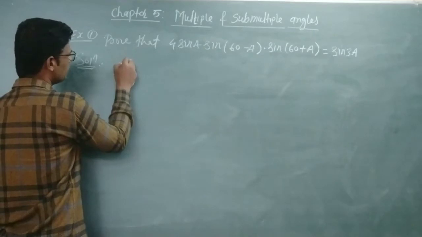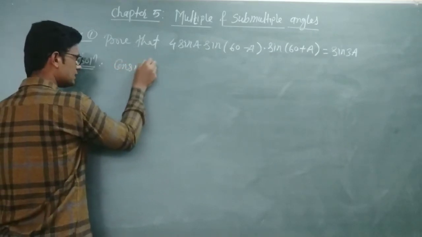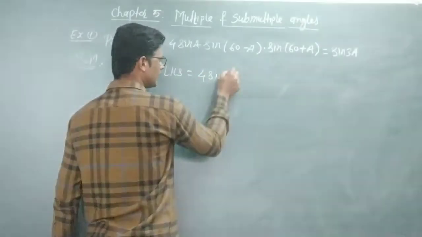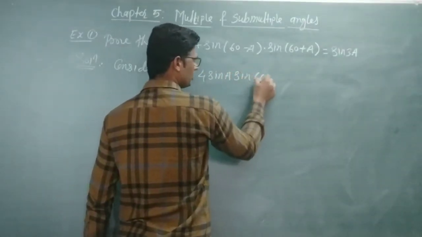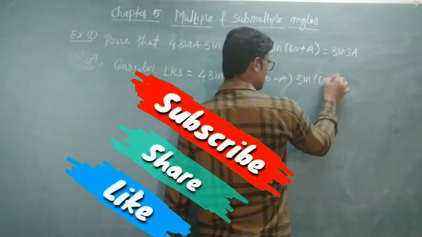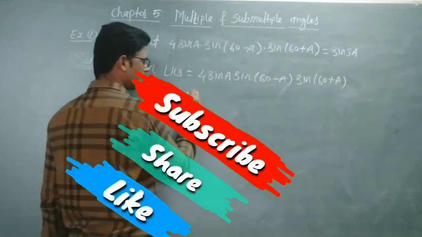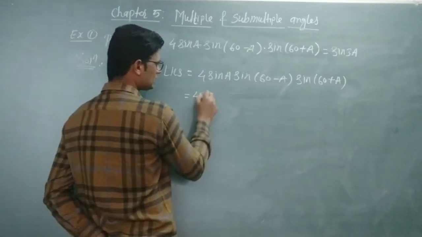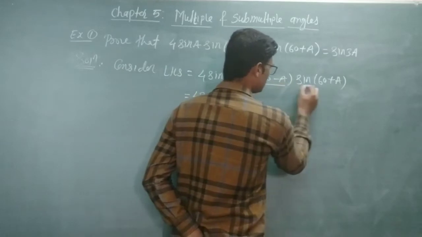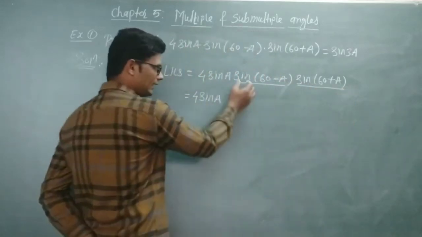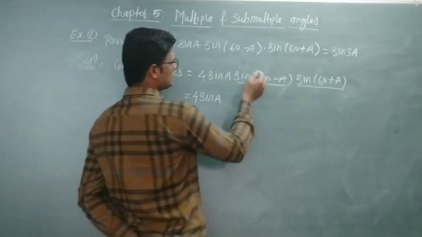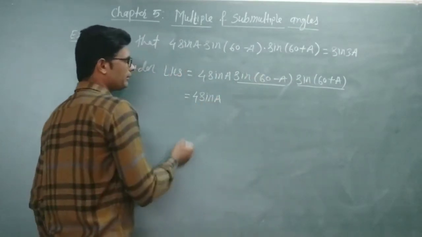So what I will do, I will consider LHS. So consider LHS is equal to 4 into sin A into sin of 60 minus A into sin of 60 plus A. Okay, so this is 4 sin A. What I will do, I will apply the result on this term and this term. So what is the formula we know?